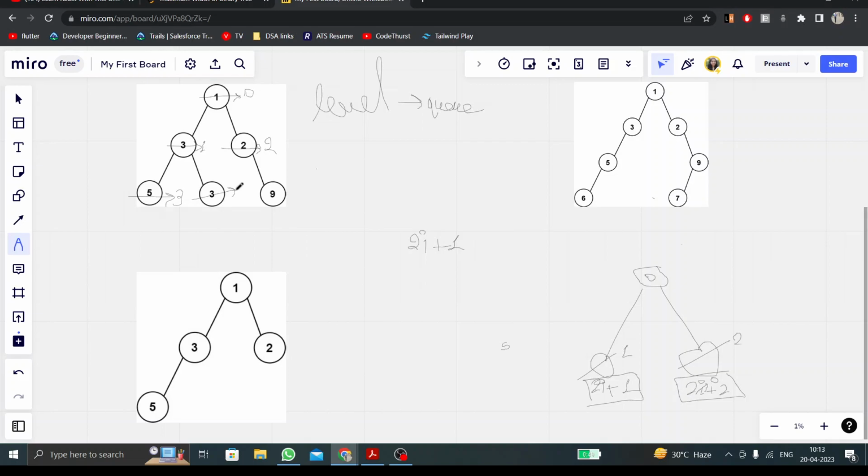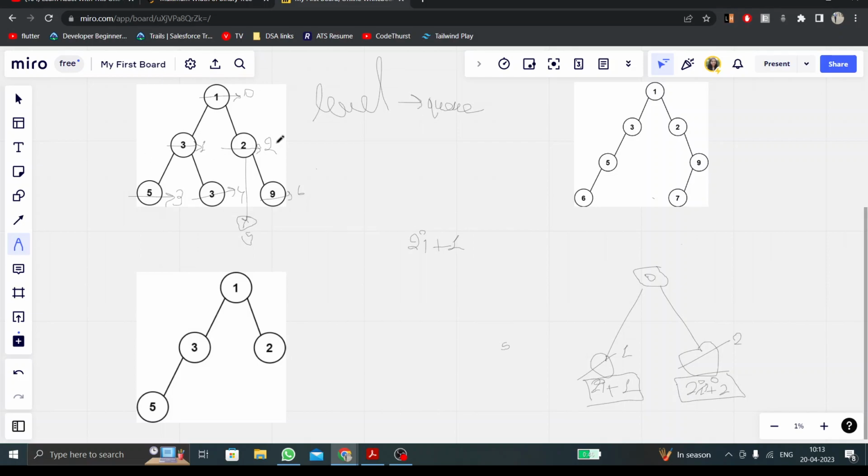Then this will be indexed as 4. If there would be a non-null node under 2, it would be indexed as 5, and node 9 would be indexed 6. Similarly, I can do it for these trees.